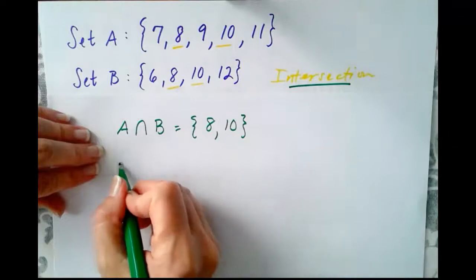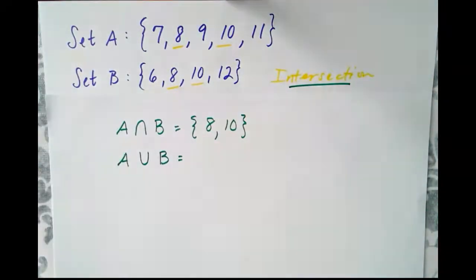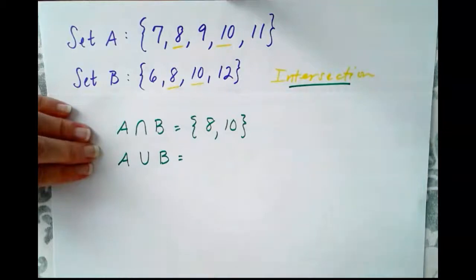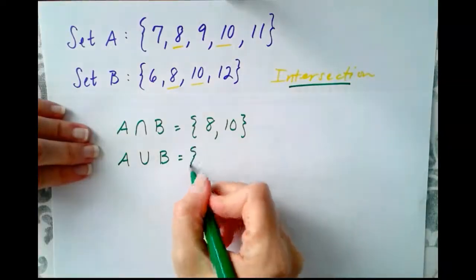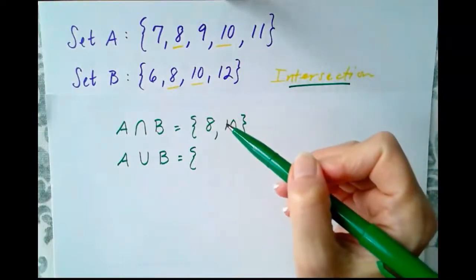Now let's go union. A union B. Remember, union represents the conjunction or. What elements exist in set A or set B? So the union, think about it as the marriage of these two sets.